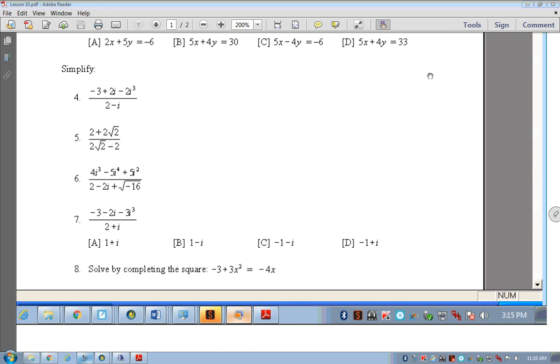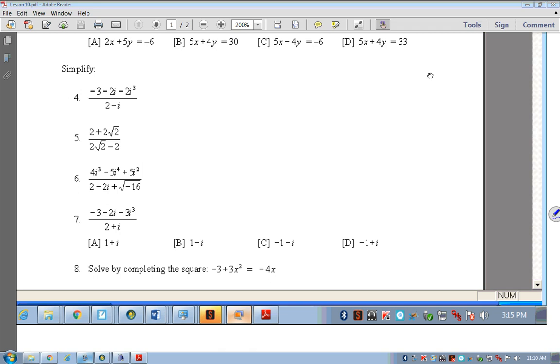And because we're out of here at 11:24, what I want to do real quick is, if I can, I want to talk about completing the square. So we're going to skip down to number 8 real quick. Make sure that you're in here, so get your books out.